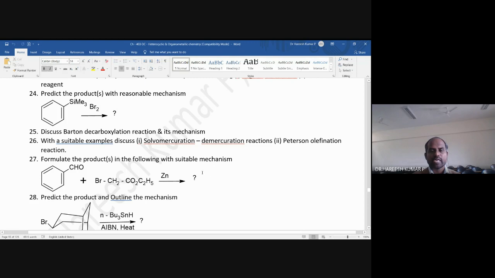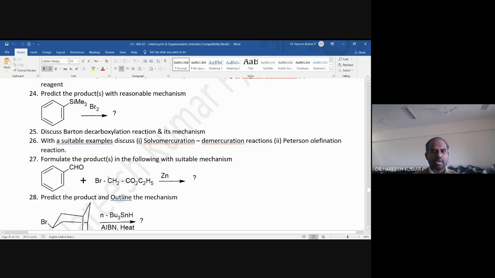Initially, there will be a reaction between the bromine, means this bromine is replaced by zinc. That means initially there will be a bond formation between this carbon and zinc, and then zinc will form a bond with bromine. So thereby it will convert the electrophilic nature of carbon to the nucleophilic nature.